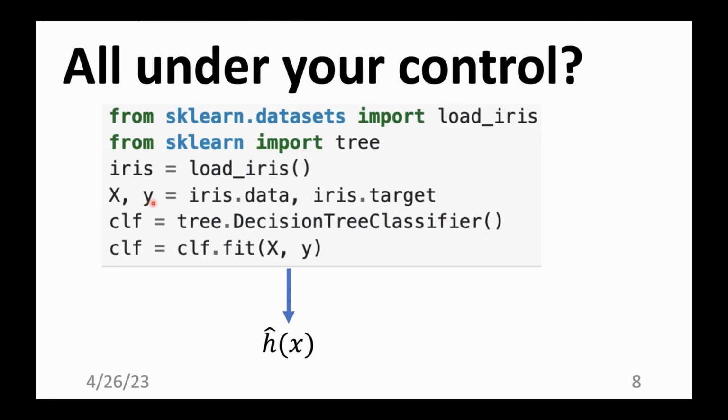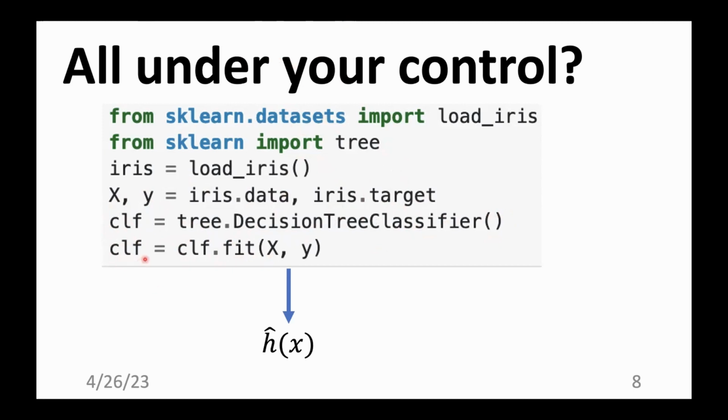But let's look at the next code. How do you know what is happening in this line here, where we do tree.DecisionTreeClassifier, and then in the next line classifier.fit? How do you know that the result here, this clf variable, is a trained model? And what model is it? What is this clf? Yeah, it's a classification model.